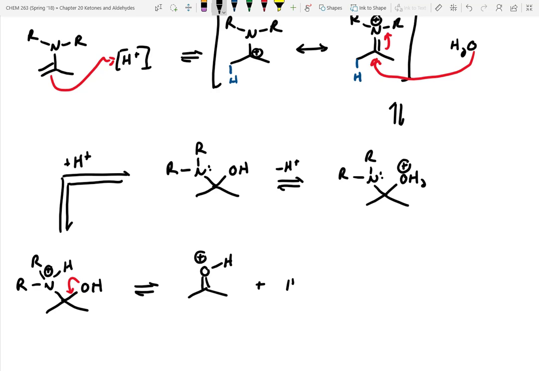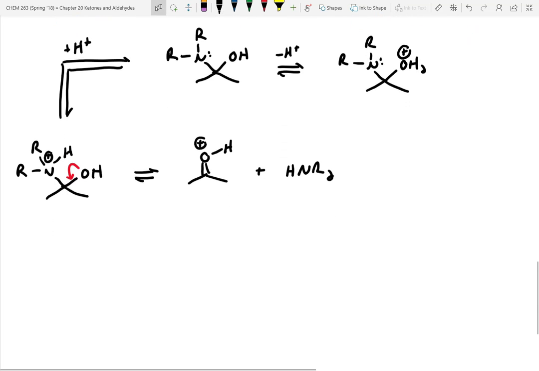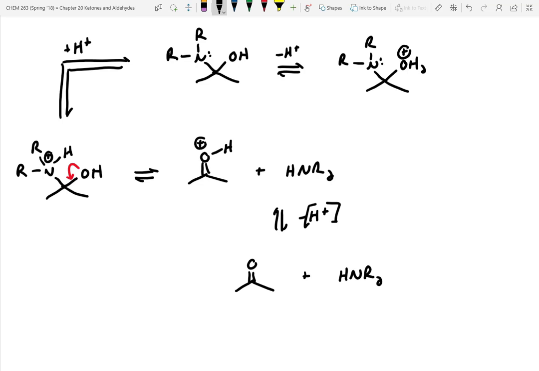At which point, you've kicked off your neutral amine. And last but not least, you can do a proton transfer. The order of proton transfers might vary a little bit in your forward versus reverse direction, but the intermediates should follow approximately the same order. Does that make sense? Whoops, I forgot one arrow, taking off that nitrogen.